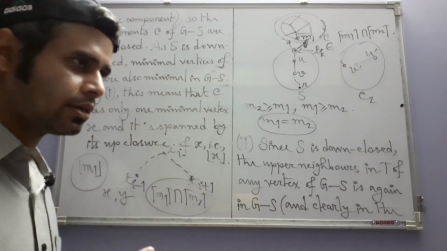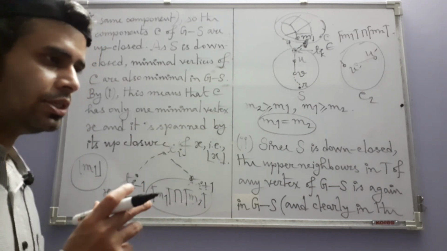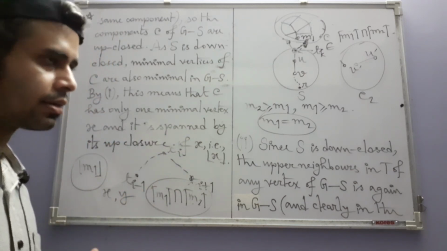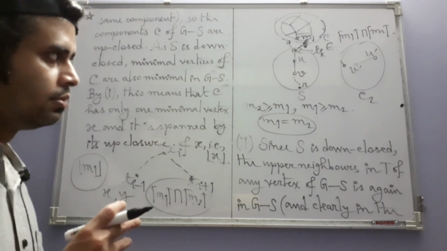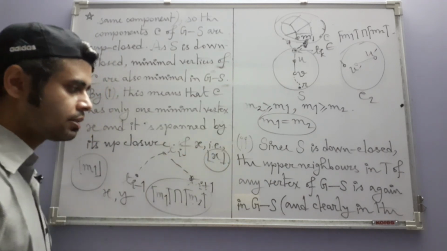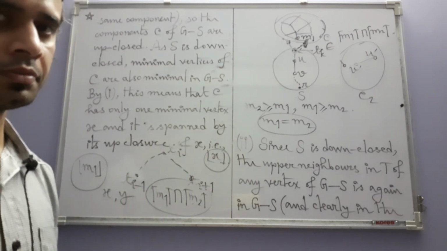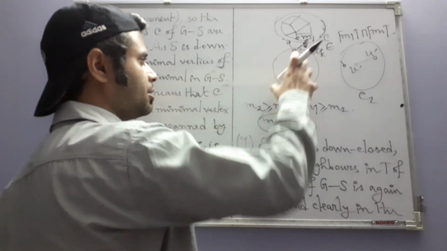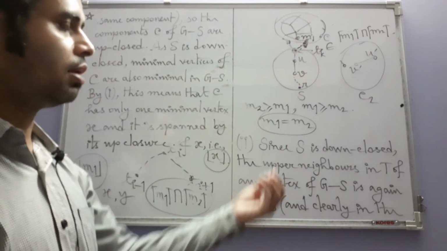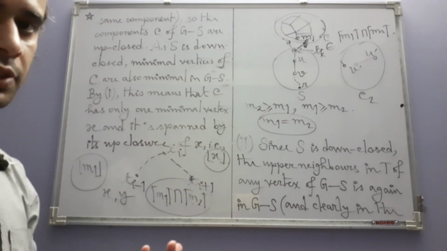If we have a spanning tree in a graph and we have a set of vertices in the graph which is down closed, then its removal results in some components, at least one component of course, and each component is spanned by up closures like this, where these are minimal elements in T minus S. Okay, so the absolute minimum is gone, the remaining lowest possible things will then generate, span the other parts.